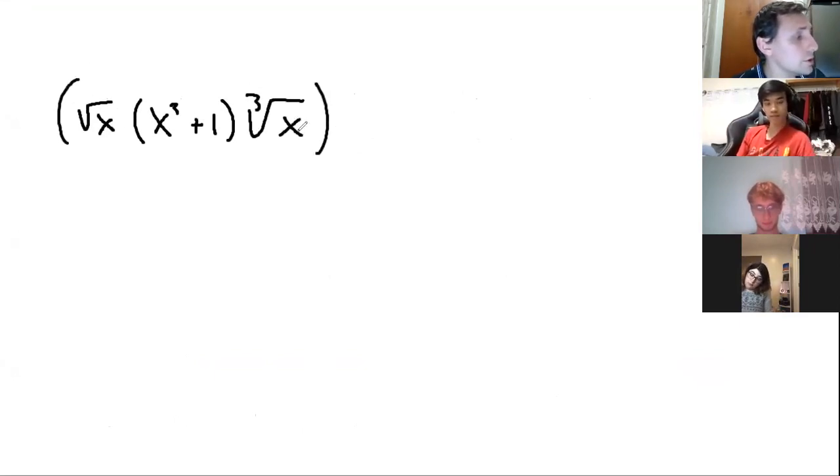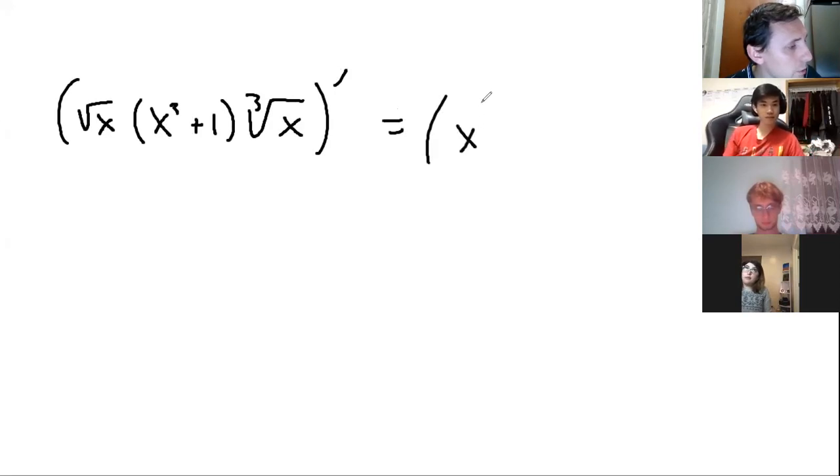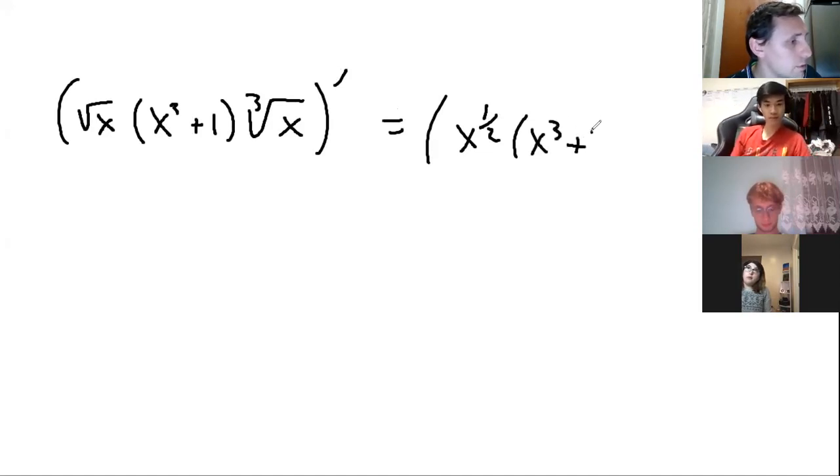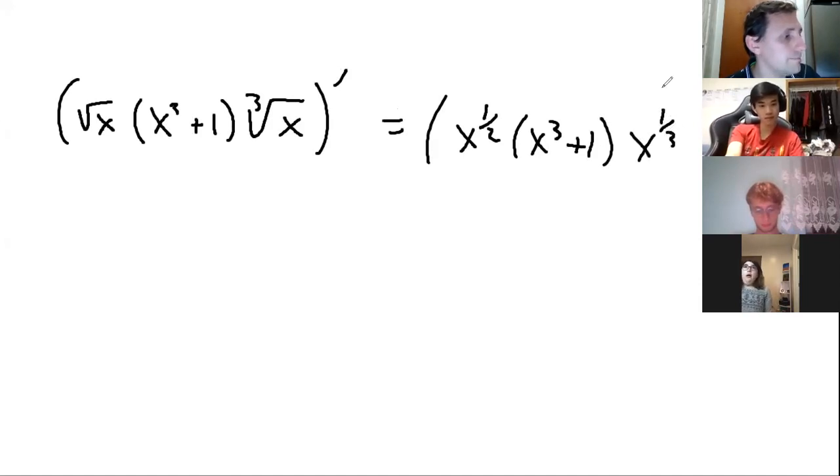So this is my triple function. I want you to find the derivative of that. You can recall that this is x to the power of 1/2, x cubed plus 1, and this is x to the power of 1/3. If you prefer, you can do that.